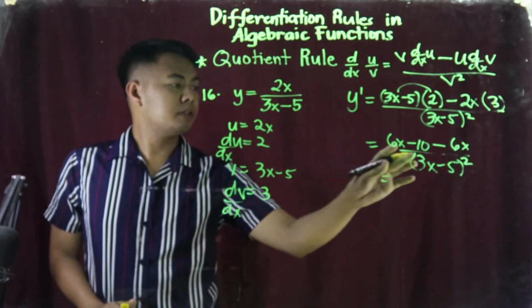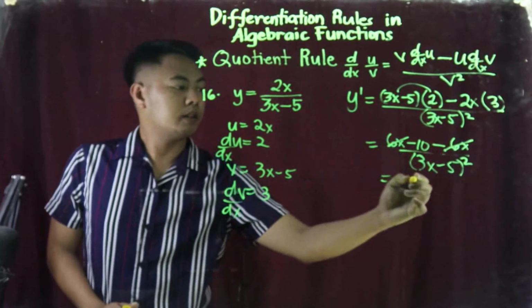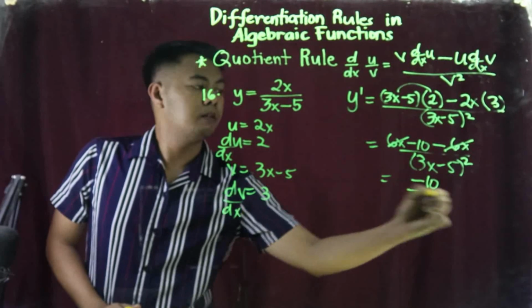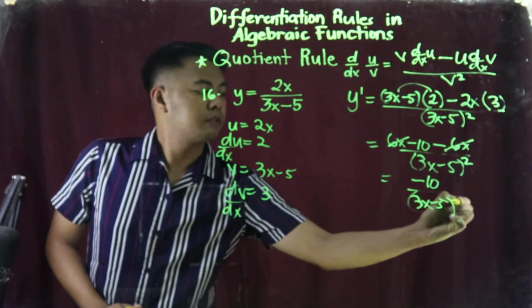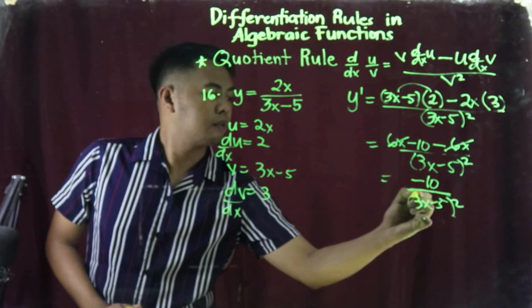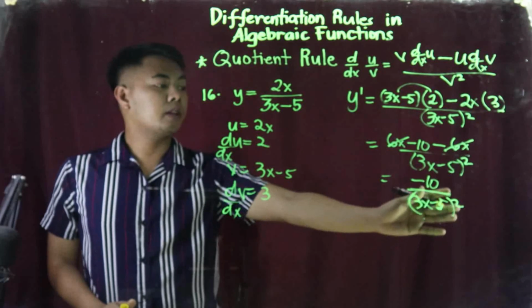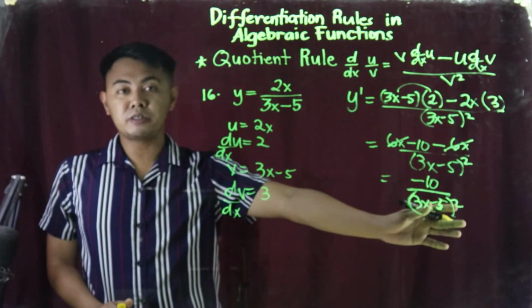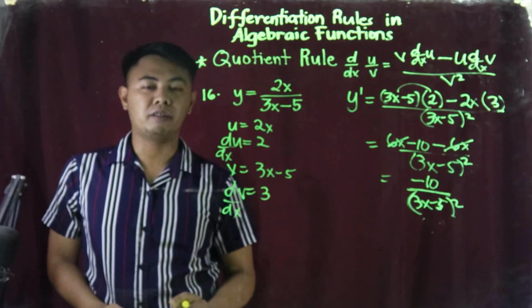Combine similar terms, 6x minus 6x, that is 0. The remaining term, negative 10, over 3x minus 5 squared. So this is the derivative, negative 10 over 3x minus 5 quantity squared, the derivative of 2x over 3x minus 5.